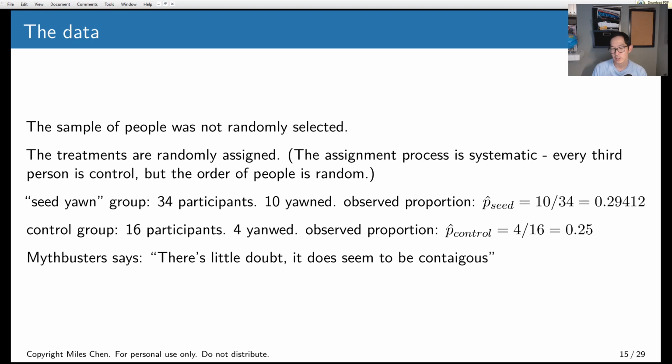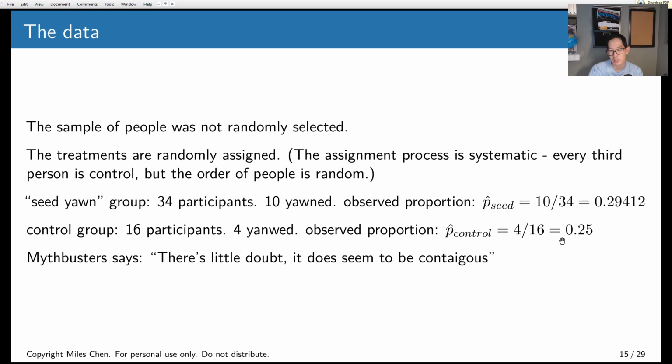The people on the show were saying, well, the difference isn't huge, but because it's based on such a large sample of 50 people, they came to the conclusion that this difference of 4 percentage points is enough to conclude that yawning is contagious, that seeing somebody yawn made them more likely to yawn than if they didn't.